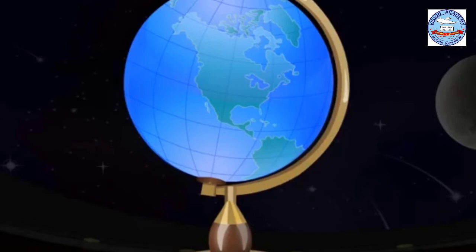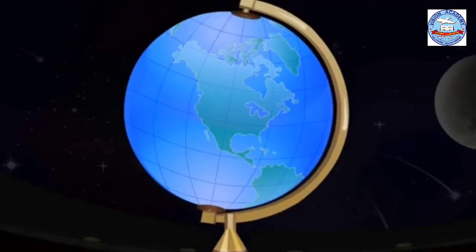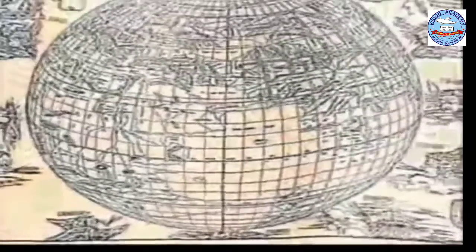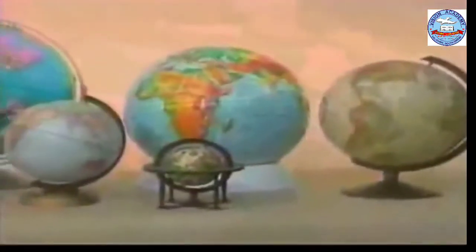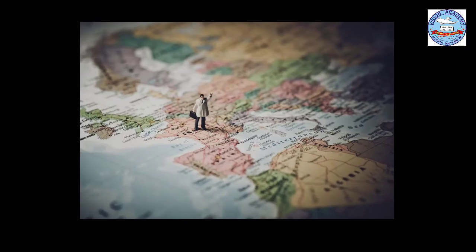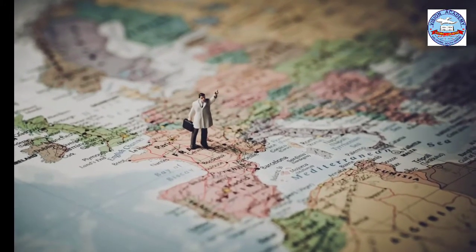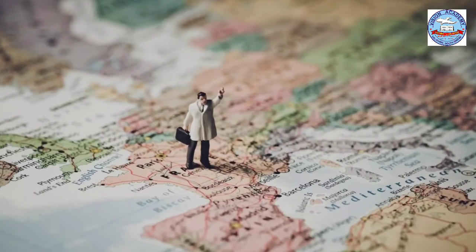So the next one we will learn is longitude. Besides the latitudes, we see another set of lines which runs from north to south on the globe. When you look at the globe or the map, you will find the lines running from the North Pole to the South Pole.